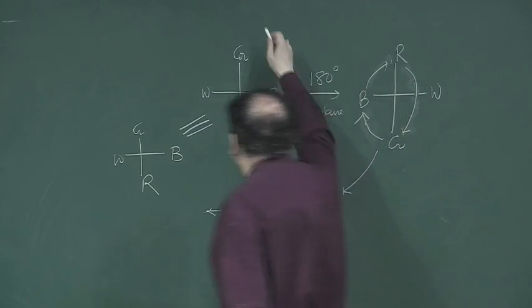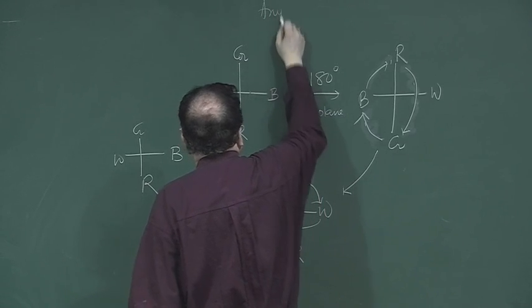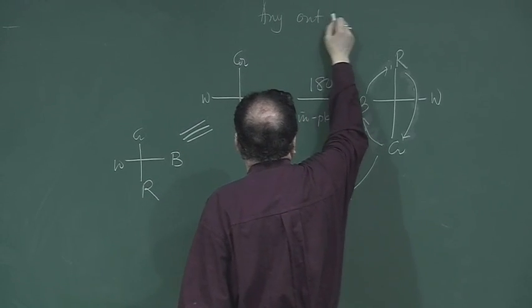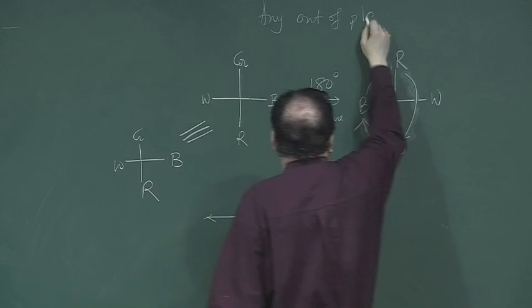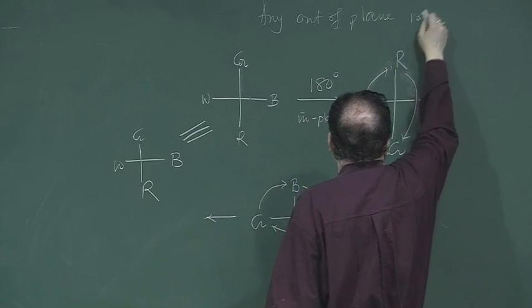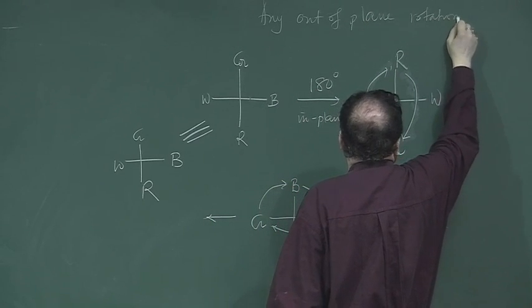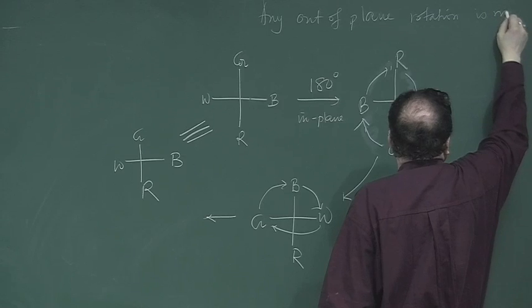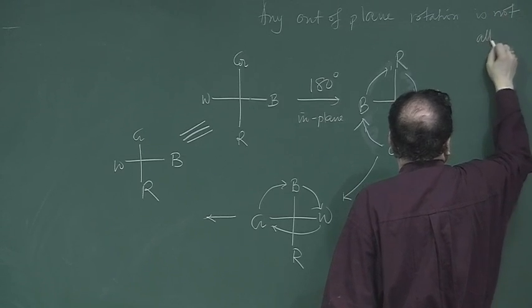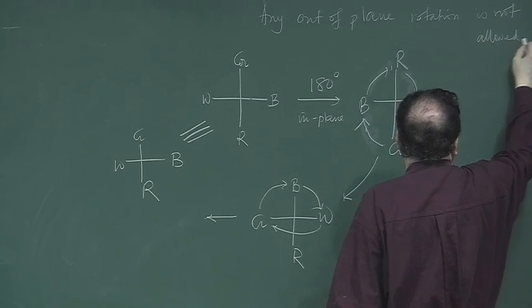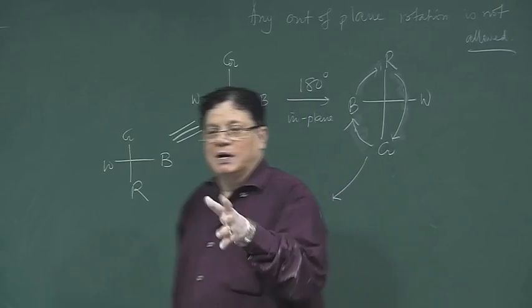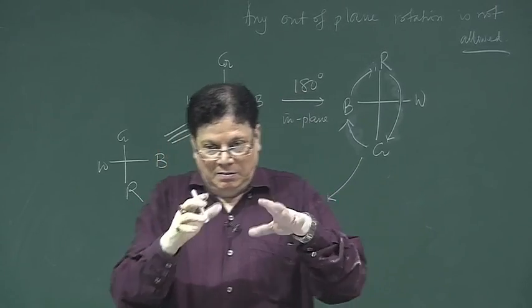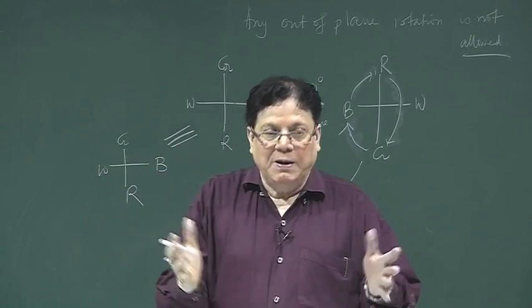So, I can write it, any out of plane rotation is not allowed. And the simple reason is that you disturb the alpha beta, above the plane or below the plane.